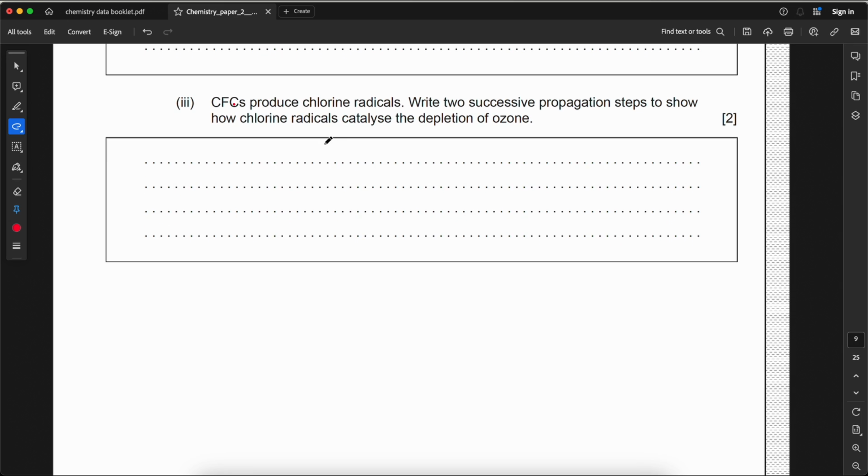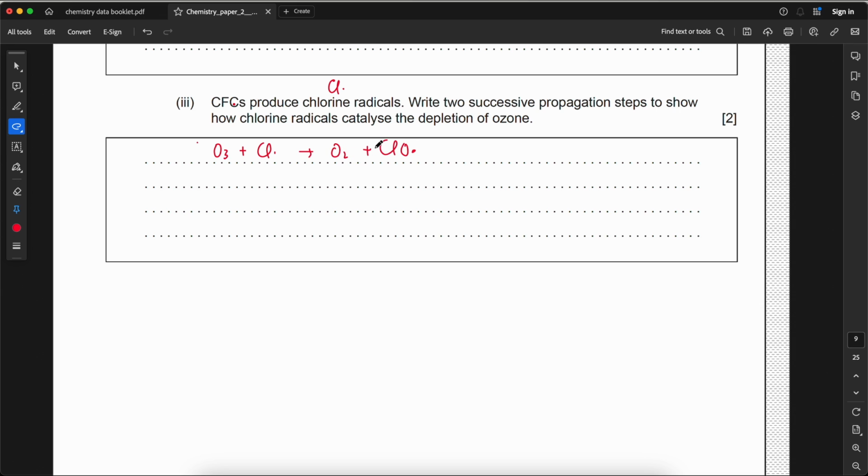CFCs produce chlorine radicals. Write 2 successive propagation steps to show how chlorine radicals catalyze the depletion of ozone. So propagation is when you produce the reactive molecule. Of course with Cl first we've got chlorine radical, so then for the propagation it will react with ozone, producing O2 and ClO radical.